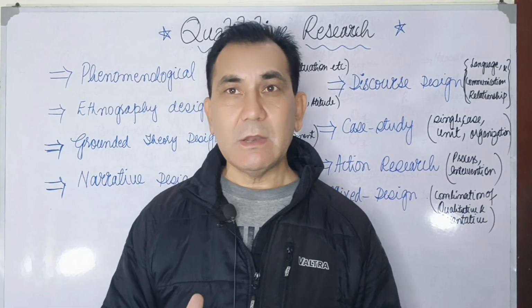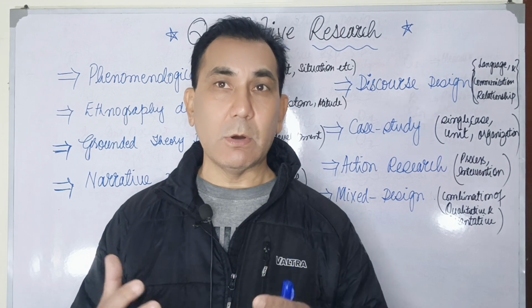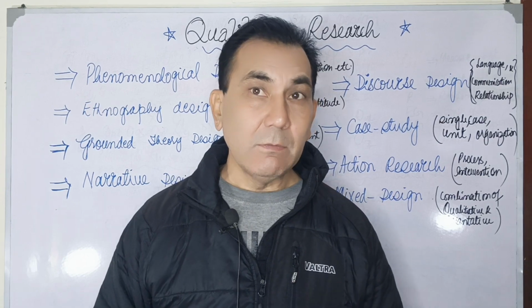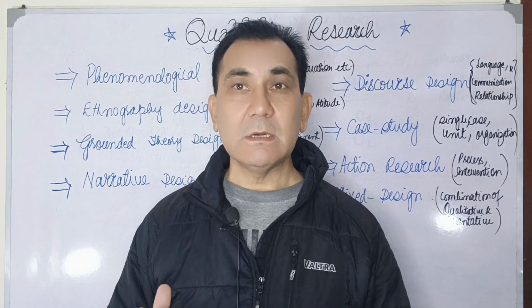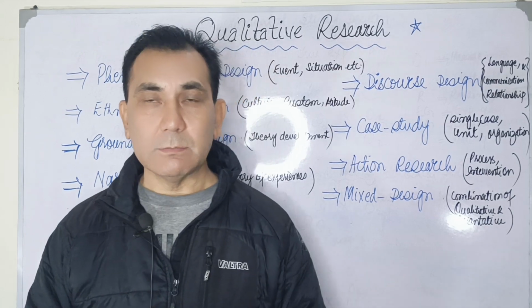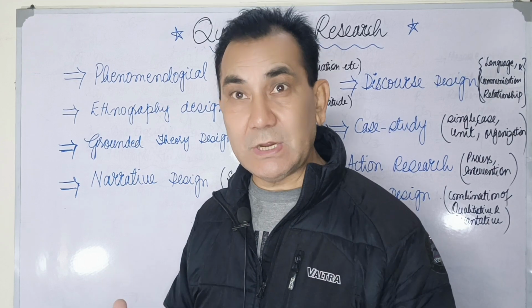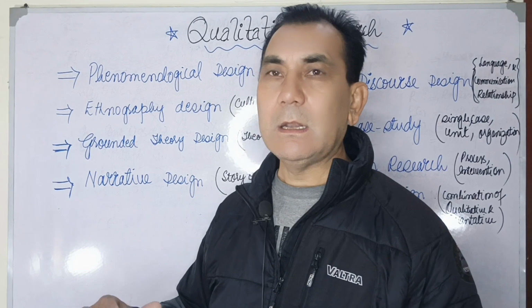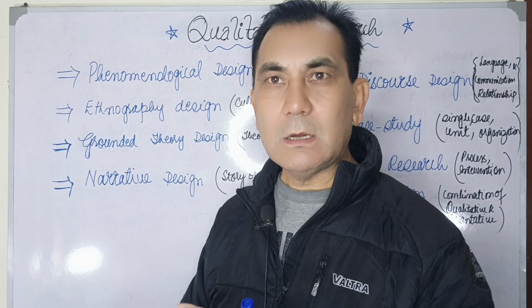In qualitative research design, you should know about phenomena, so the concept will be clear. What is a phenomenon? Any observable or non-observable event, situation or concept is called a phenomenon. You should understand in depth how this phenomenon happened and how it differs from context to context, from area to area, from people to people.